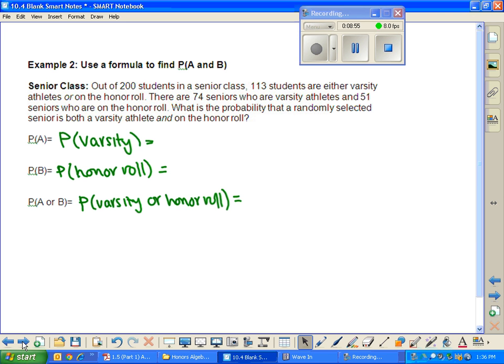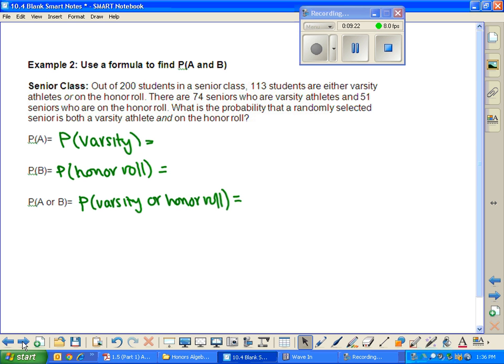Alrighty, so if we're looking at this problem, we have the probability of randomly selecting a varsity athlete. We have the probability of randomly selecting an honor roll student. And they also told us the probability of selecting a varsity athlete or an honor roll student. So what are they asking us to find here?